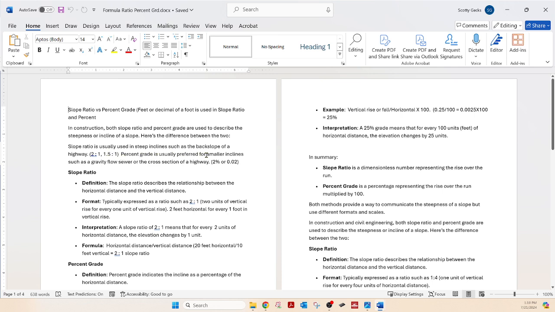Percent grade is usually preferred in smaller inclines, such as a gravity flow sewer system, and we just did that, usually around 0.02. So the thing about knowing this, as an engineer, or just to know it, is that the steeper your slope when you're building a roadway, the smaller the right-of-way you have to purchase. Now you know why.